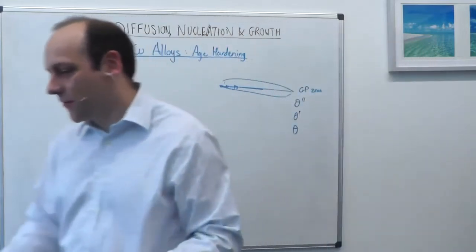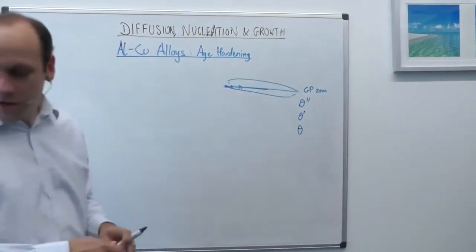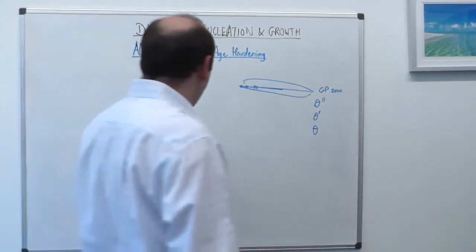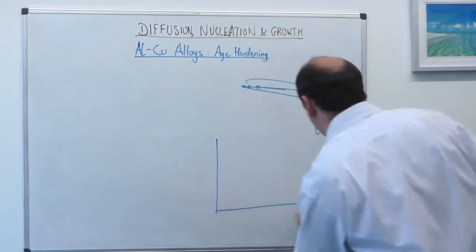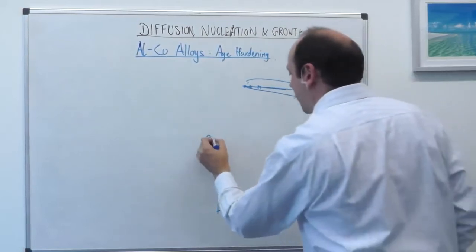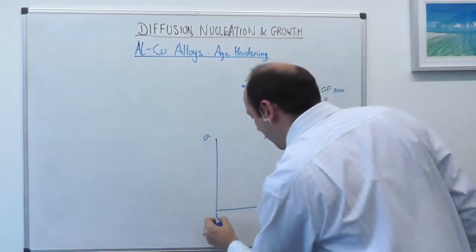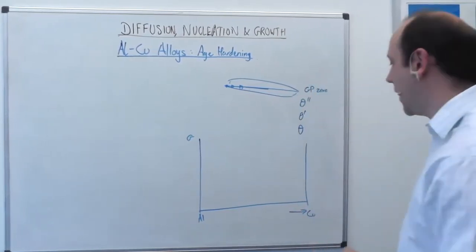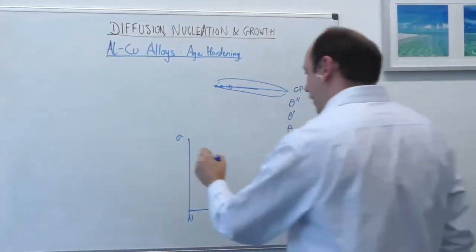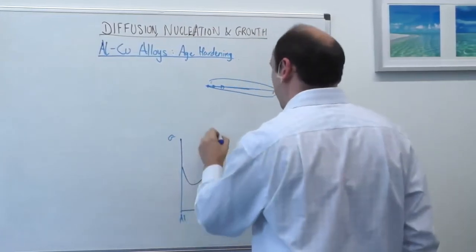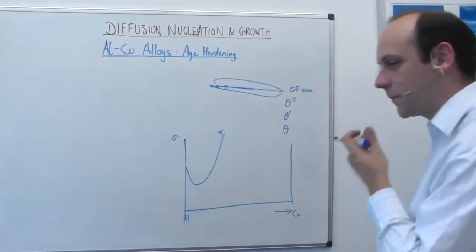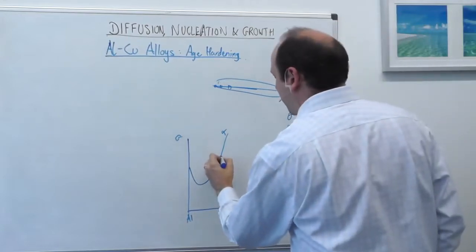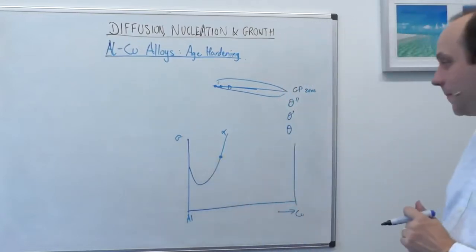So if you look at the phase diagram, or look at the Gibbs energy curves, in fact, if you've got your Gibbs energy against composition, so we go from aluminium and it's increasing copper content over here, then our alpha aluminium is doing something like that. And say we're in an alloy at our aging temperature, which has a Gibbs energy there.